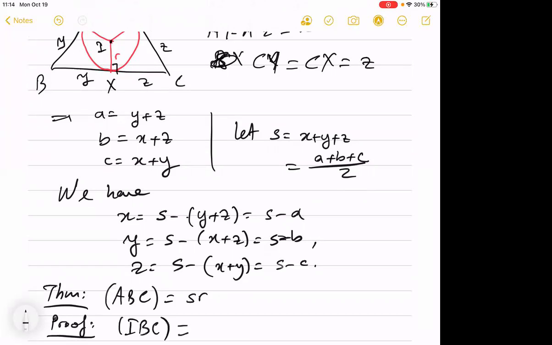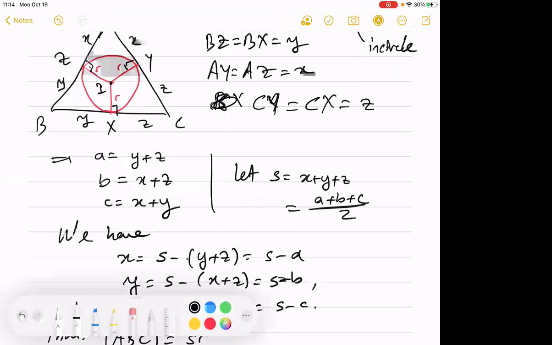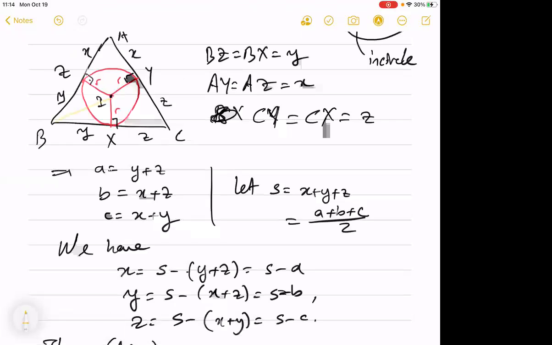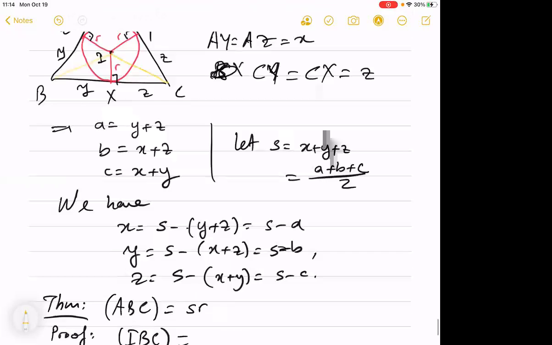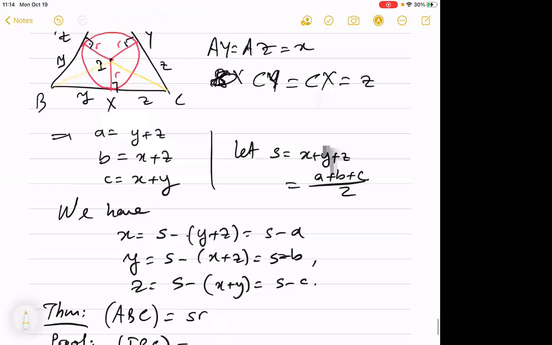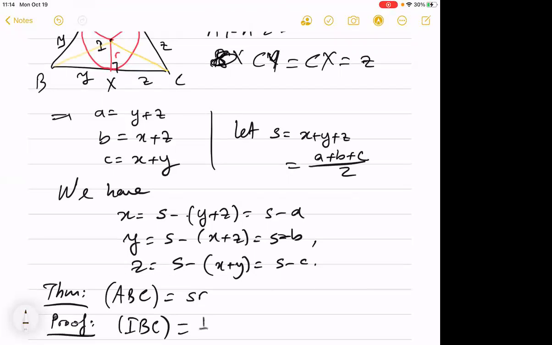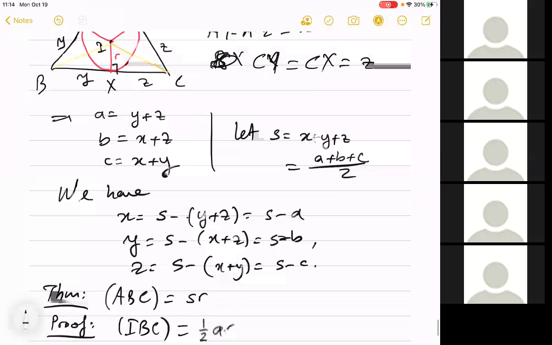I will not draw it once again, but let's look at this picture. We have this triangle. Its area is 1 over 2 a times r, where a is y plus z.